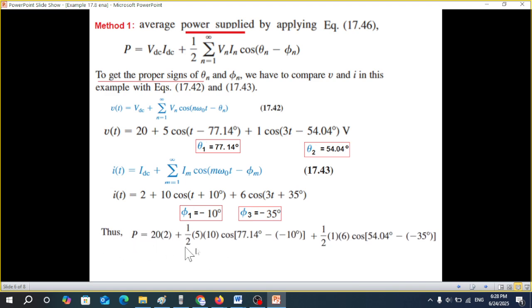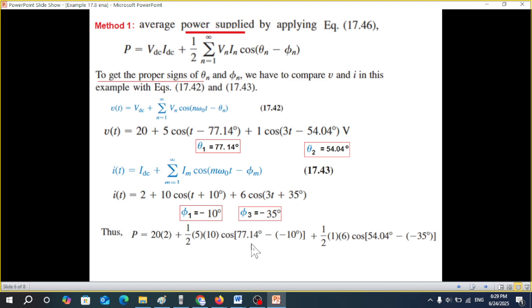And now we'll plug these values into the equation. For the VDC, we have already seen that it is the voltage multiplied by the current. The voltage was 20, current was 2, then half. Then for the first harmonic, that is n is equal to 1, the V magnitude is 5, I magnitude is 10, so 5, 10, cosine of theta n minus phi n.